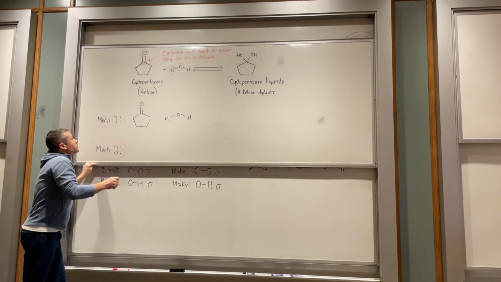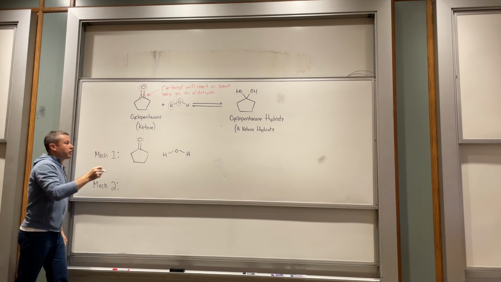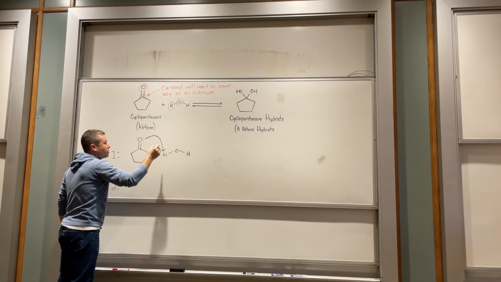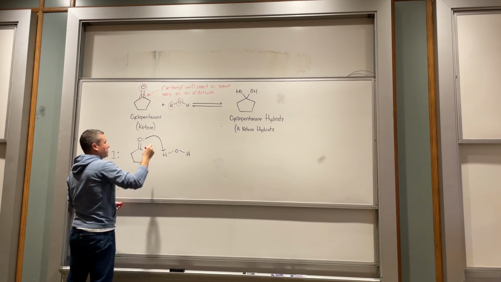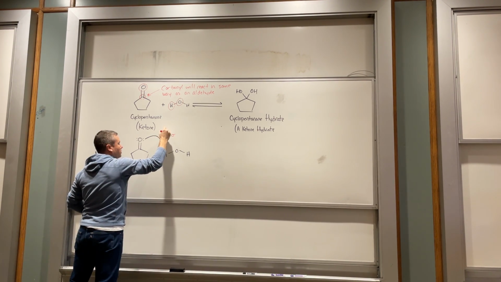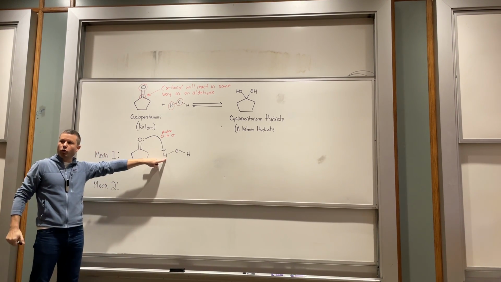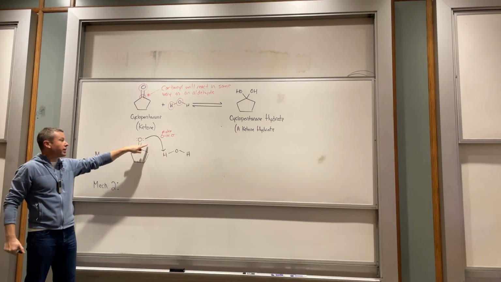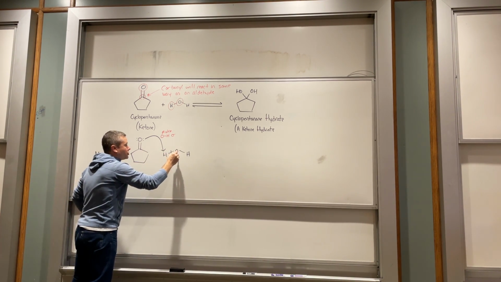So when we went through the mechanism on Monday, we started off by taking the oxygen of the carbonyl and making our new oxygen-hydrogen sigma bond. At the same time, because this hydrogen can only hold 2 electrons, if we're putting 2 into this hydrogen, then we have to break 2 electrons away.